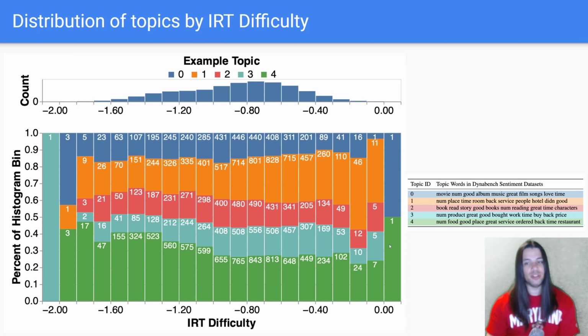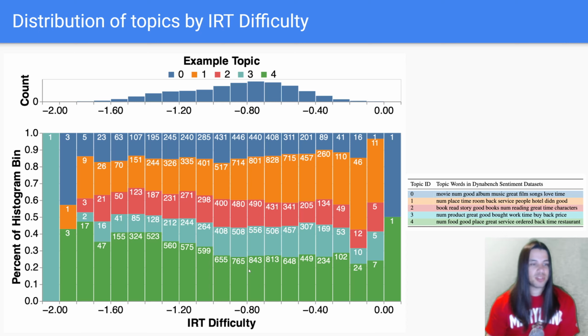So for example, if one particular example had a topic distribution that was dominantly in this green topic or this food topic, then we assign it that. And then we look at, according to difficulty, what's the breakdown in these different topics.